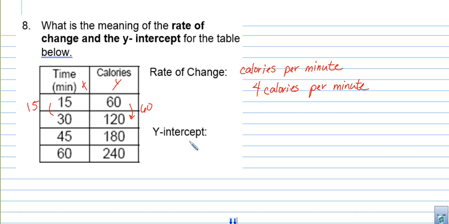Now, for the y-intercept. The y-intercept happens when it's at 0, so you could go back, and 0 happens right here, and you go back 60, and it's at 0. Okay? And remember, it tells you the y when x is 0, so we have 0 calories at time 0. 0 calories at time 0, or at 0 minutes.